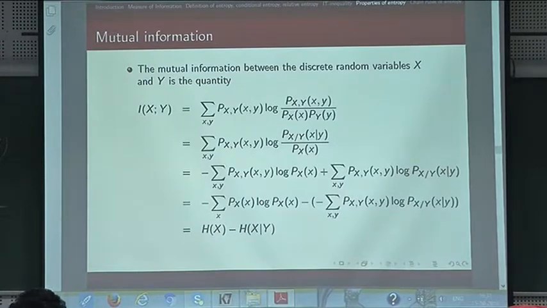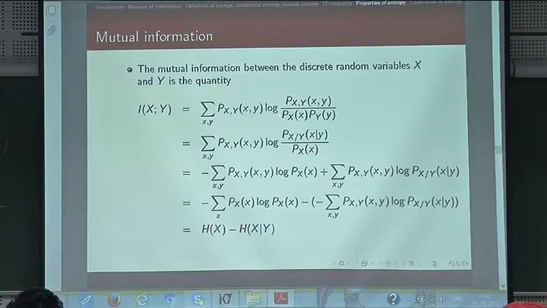So log Px(x) is in the denominator, I can take it with the minus sign outside, this remains with the plus sign outside. What is here is that this reduces to Px(x) log Px(x), if I do the summation over x only, and here this is doing the summation over x comma y both. This belongs to a familiar definition, that is Hx, and this is again a familiar definition, that is conditional entropy.